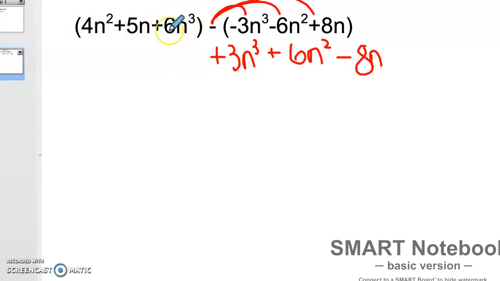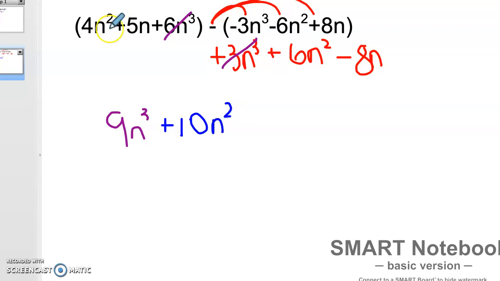I see that's positive 6n to the third, and there's also an n to the third in the second. So we have positive 6n to the third plus 3n to the third, which is 9n to the third. Then the next highest degree would be n squared. So I have a positive 4n squared plus a positive 6n squared, which leads us to positive 10n squared.